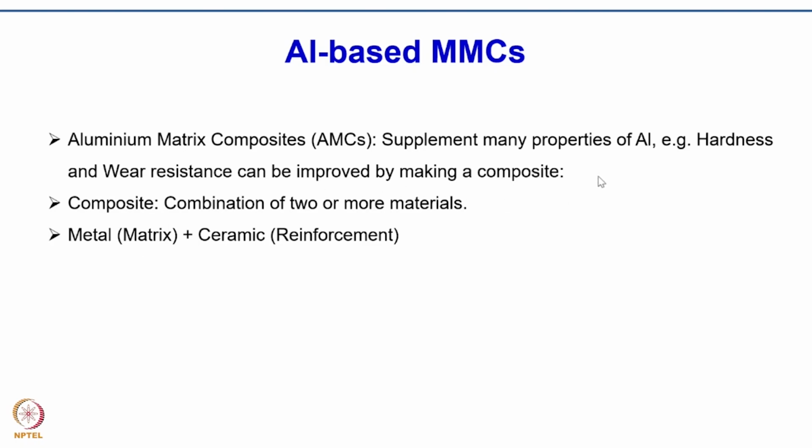If you want to improve such properties, then you will have to take the help of a second phase which can have such properties and impart them to the metallic matrix. For example, if you select a ceramic material as the second phase, then as you know, ceramic materials possess high hardness, and therefore if you incorporate a ceramic material into the metallic matrix, you can expect to improve the hardness of the metal.